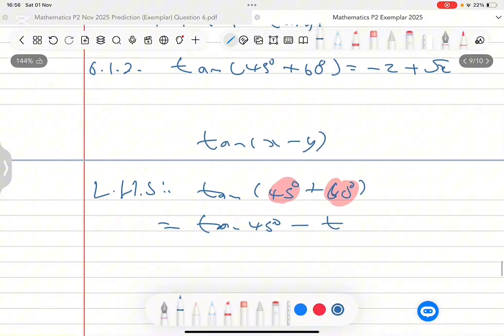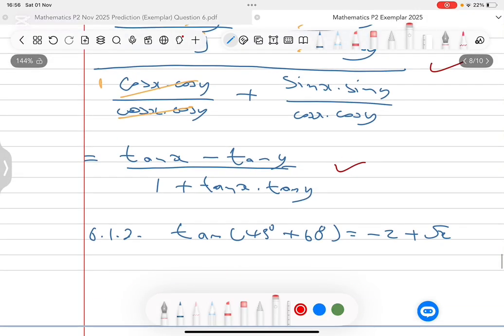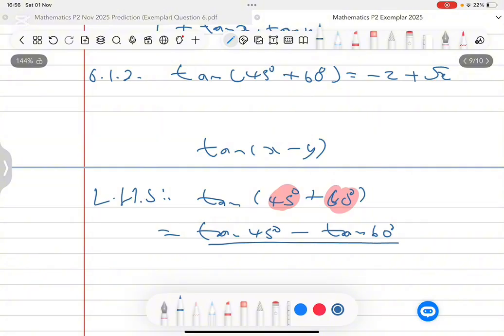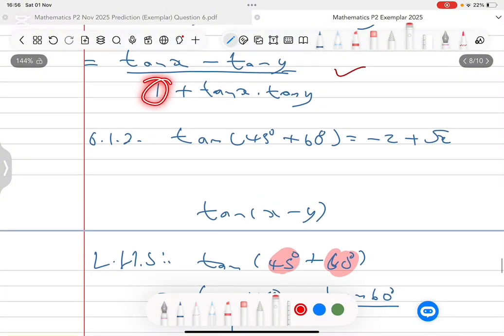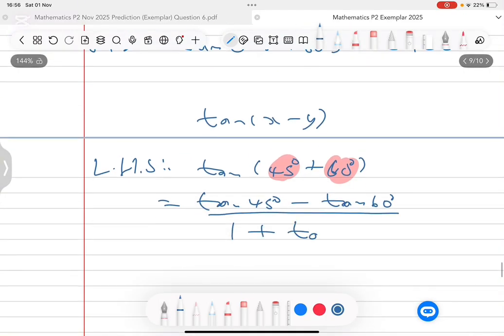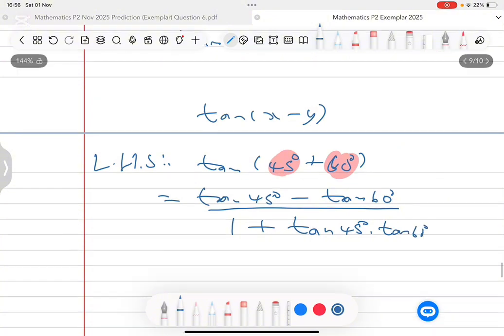So this would be a minus tan of 60, which is the part that speaks to y. And we are dividing here by 1. So we're going to have a 1. Then we are adding the product of these two. So the 45 and the y. So we're going to have plus the tan of 45 times the tan of 60 degrees.